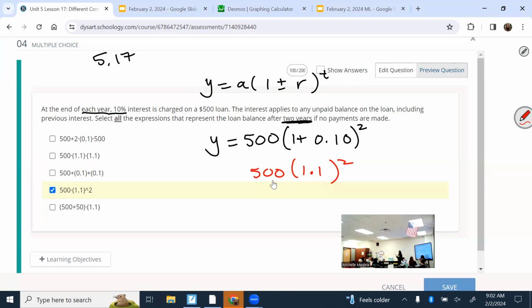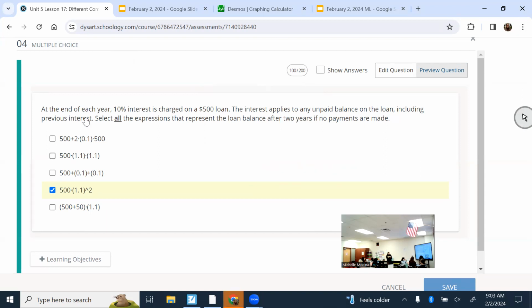Like table 6, what do exponents tell us to do? How many times do you multiply? So how many times to multiply our base? So if our base is 1.1 and it's to the power of 2, that can also be written as this. So I would pick this one.